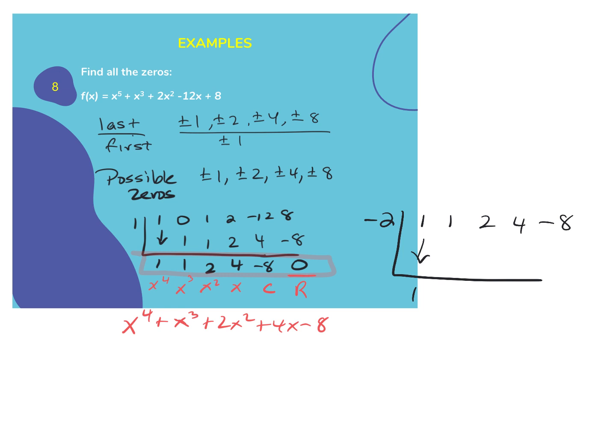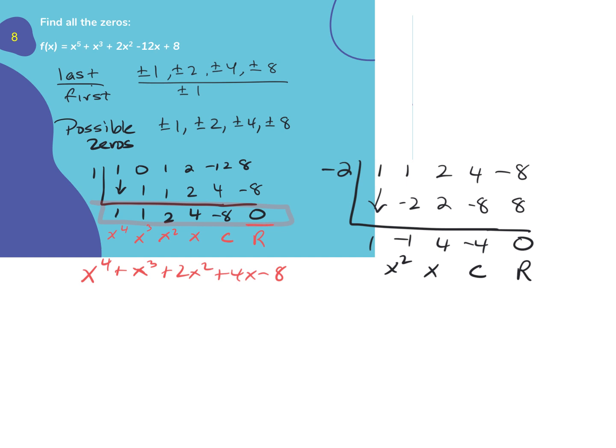Bring down, multiply, add the column, and repeat. Add back in the variables. So I have x to the third minus 1x squared plus 4x minus 4 equals 0.